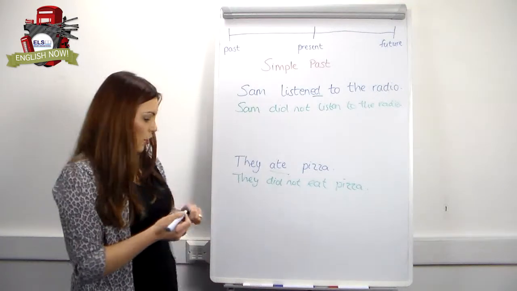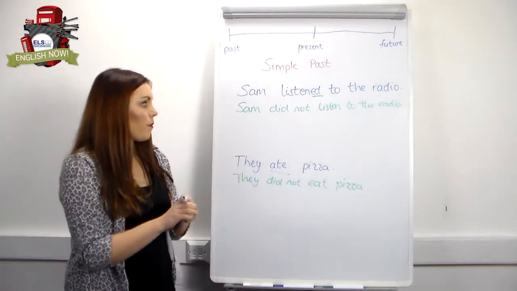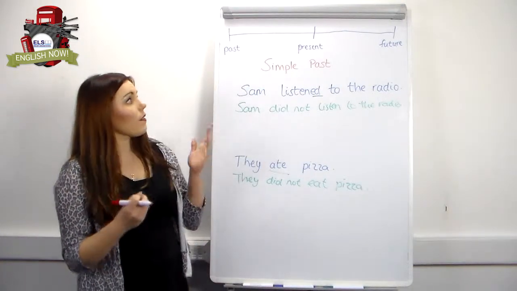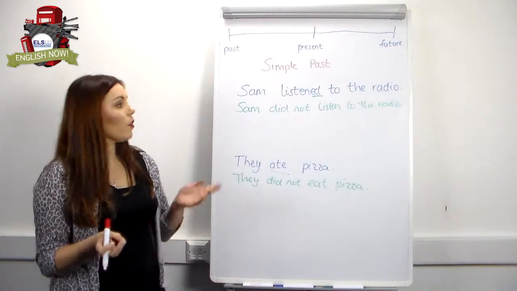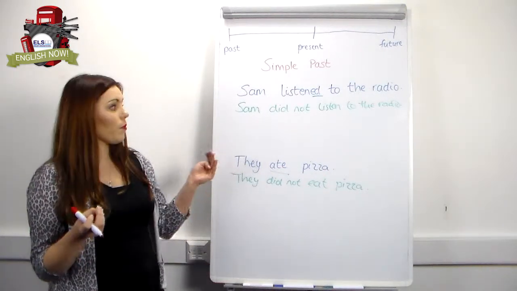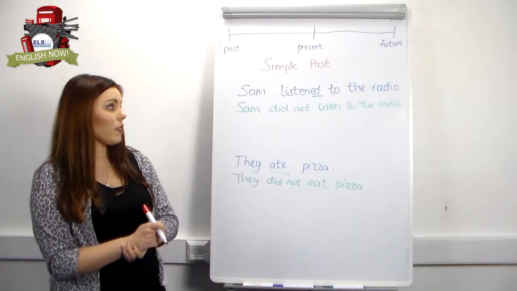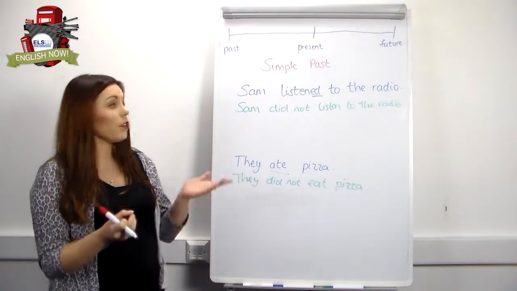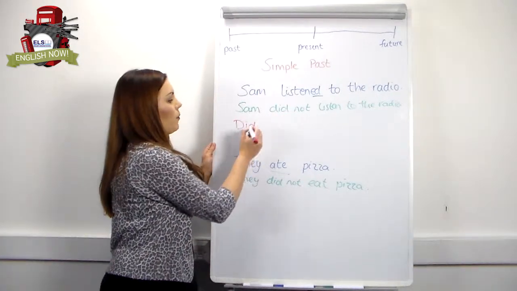Let's have a look at questions. In the simple present, we would start our question normally with do or does, and we use the same format for our questions in the simple past. As the past for do is did, that's how we're going to start our question.